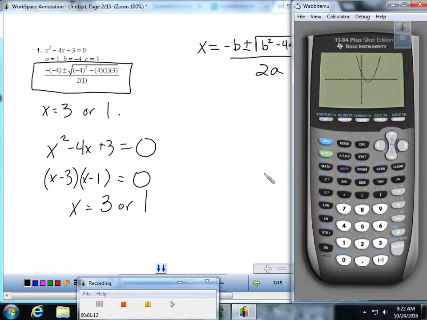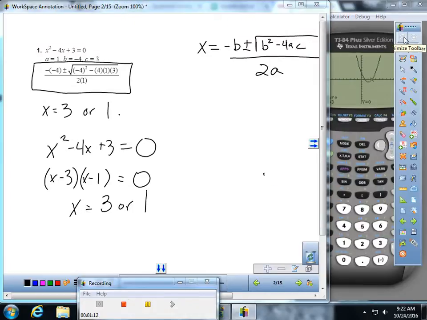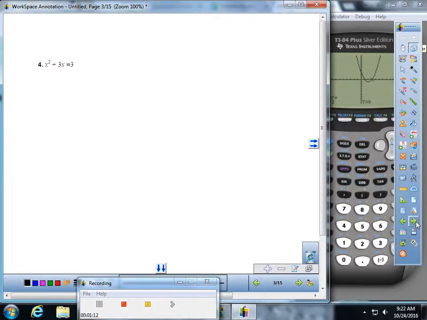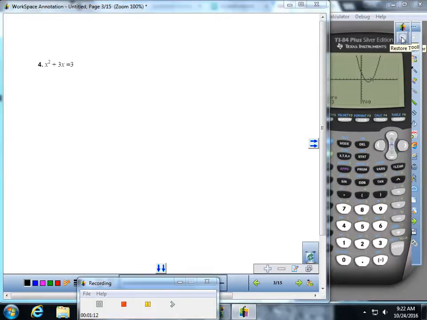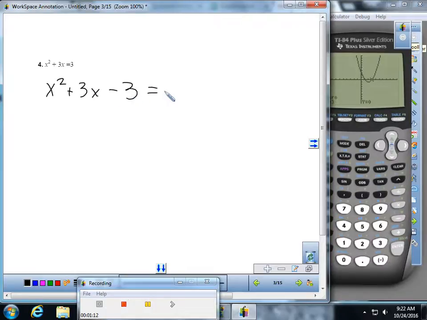Okay, here we go. Now I think we're going on to number 4 next. The difference between number 4 and the previous questions is that now it's not in standard form. So we need to rewrite it as x squared plus 3x minus 3 equals 0. Here, a equals 1, b equals 3, and c equals minus 3.